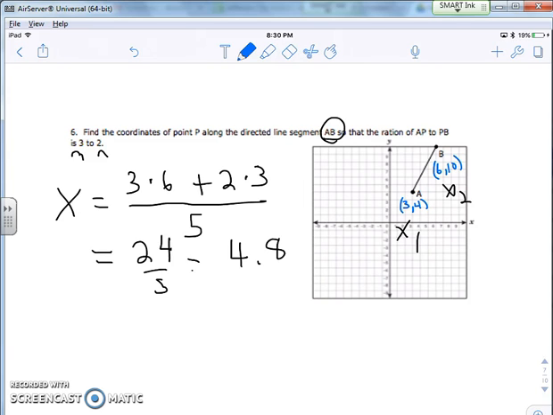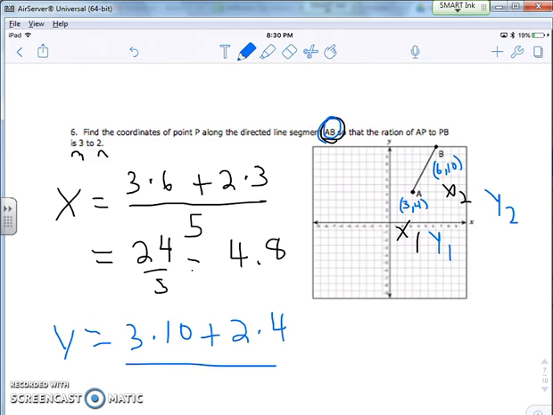The Y, again, it says segment AB, so A is the first, so Y1 is with A, Y2 is with B, and the Y is M times Y2, which is 10, plus N times Y1, which is 4, all over 5. 30 plus 8 is 38 over 5, which is 7.6.